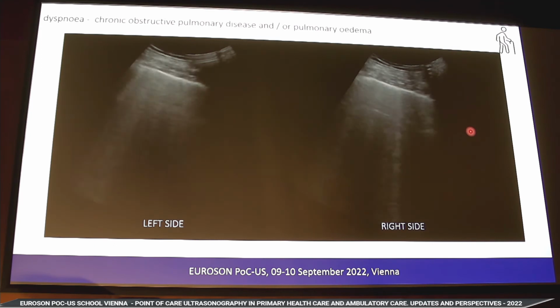You auscultate the lung and you hear that when the patient is breathing out, it's getting a little bit longer. So you might think it is due to obstructive disease, but you just put a probe on it, on the right hand side and the left hand side, you have B artifacts, but look at the pleural line, which is quite smooth. It's not interstitial pneumonia. We are looking at pulmonary edema.